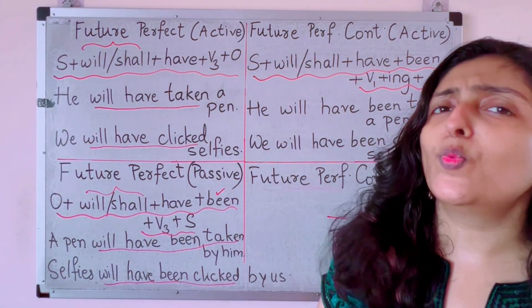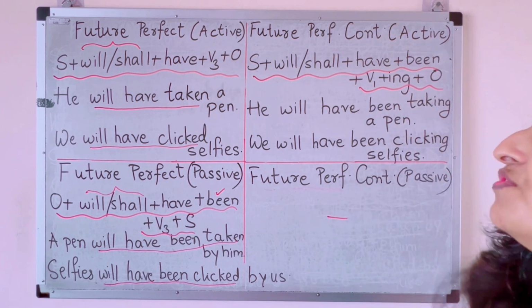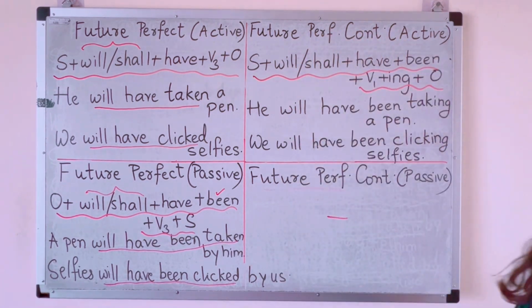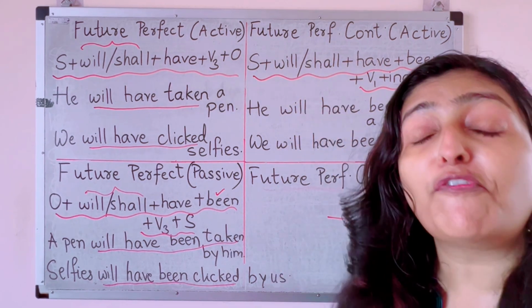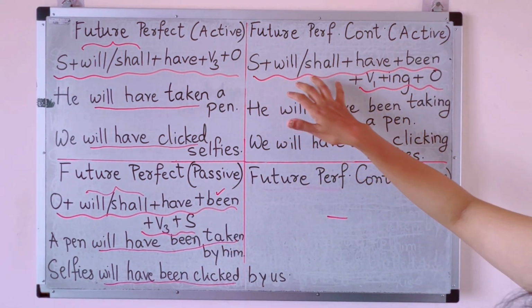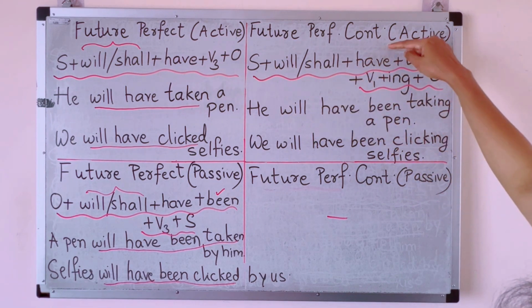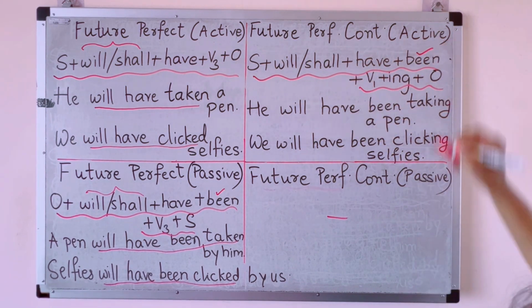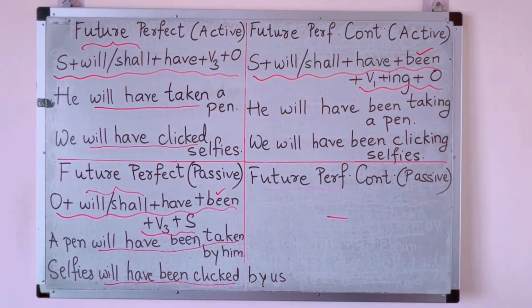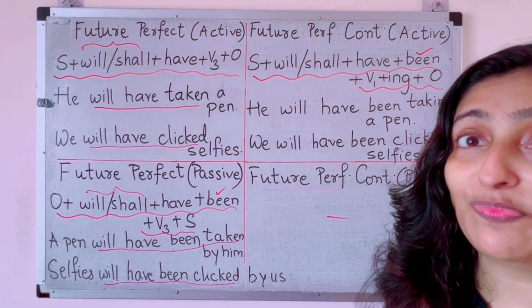And the final one comes here, that is future perfect continuous tense, active and passive. The formula for future perfect continuous in active voice is subject plus will or shall plus have plus BEEN plus V1 plus ing plus object.